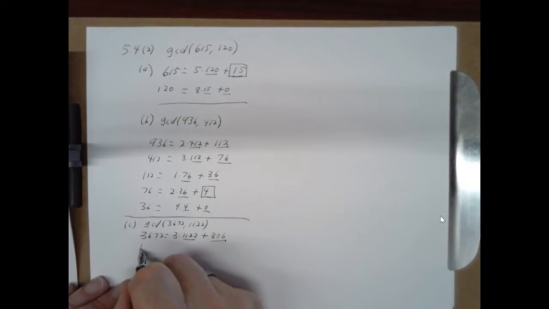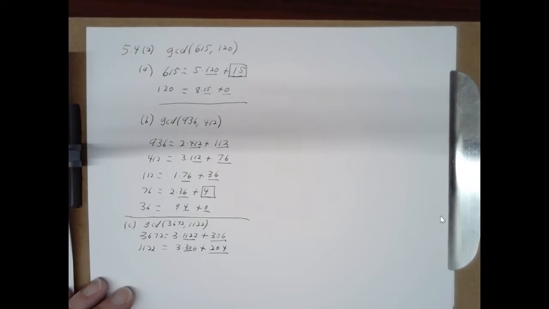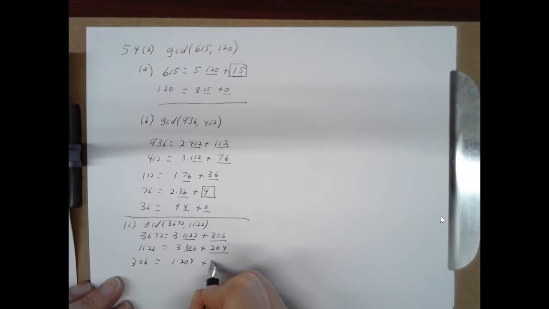So 1122 equals 3 times 306, that's 918, with an extra 204. So use a 306 and 204. 306 equals 1 times 204 plus 102. And then 204 equals 2 times 102 plus 0. And so the previous remainder is the GCD.